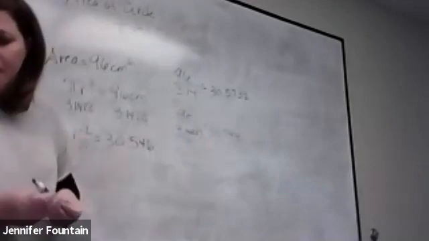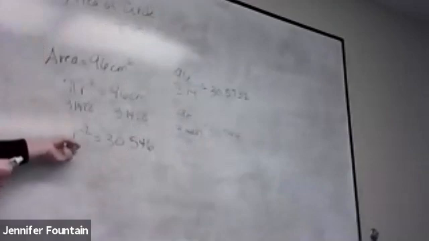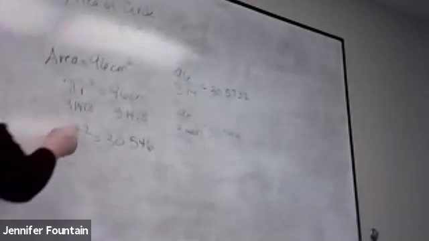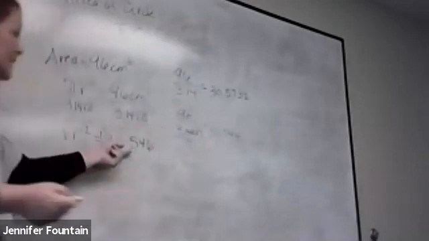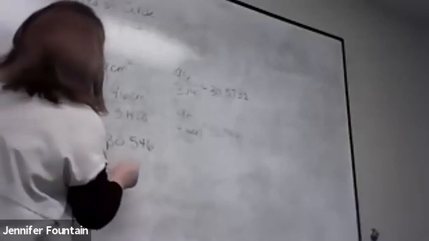So anyway, we know that 30.546 or whatever is r squared. So how do I find r? I've got to take the square root of both sides. So to find r, I take the square root of 30.546, and they have said that r is approximately 5.53.